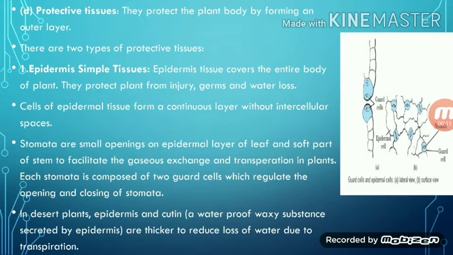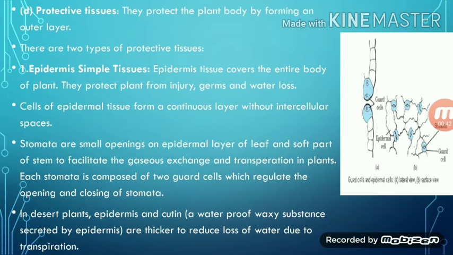They protect the plant body by forming a hard layer. There are two types of protective tissue. One is epidermis tissue. We got this term in our earlier section, so try to remember what epidermal tissue is.